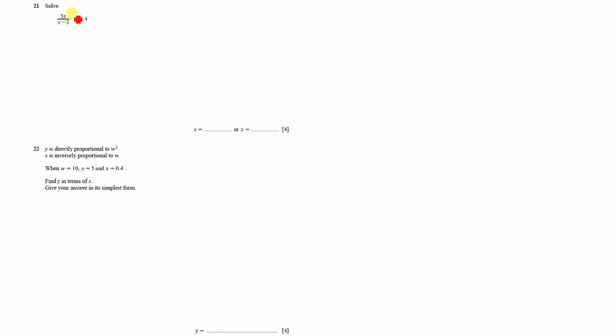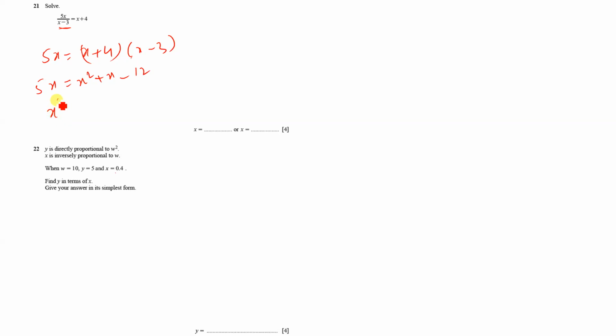Question number 21. Solve. So in order to solve, first of all, we multiply equation by x minus 3 in order to get rid of this x minus 3, which is denominator. So we have 5x is equal to x plus 4 times x minus 3, and this is 5x is equal to x square plus 4x minus 3x is plus x, and minus 4 3s are 12.